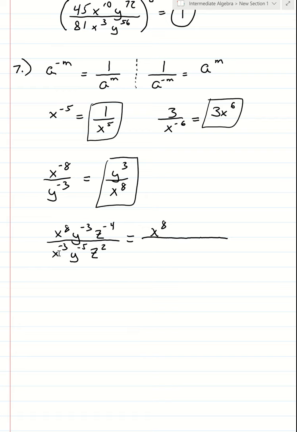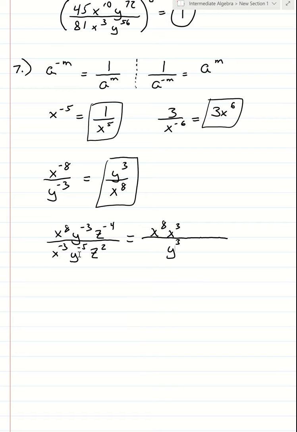This x has a negative exponent, so what I'm going to have to do, according to the seventh law, is change the location. So that means x to the third is going to go on top. Now let's do the variable y. I like to work with my variables alphabetically. So both of these y's have negative exponents, so I'm going to have to change both of them. So y to the negative third that was on the top goes into the bottom, y to the third.